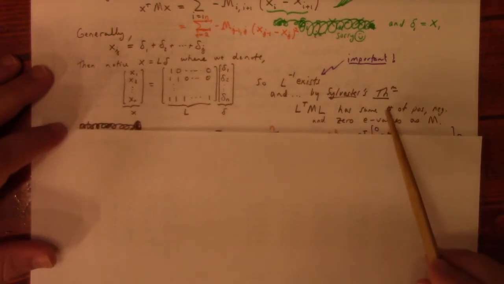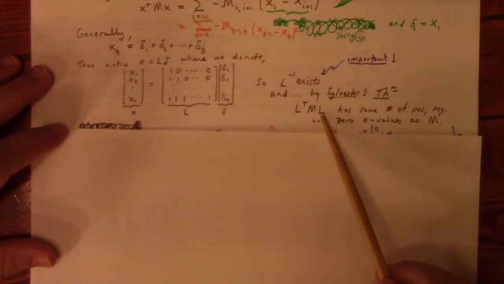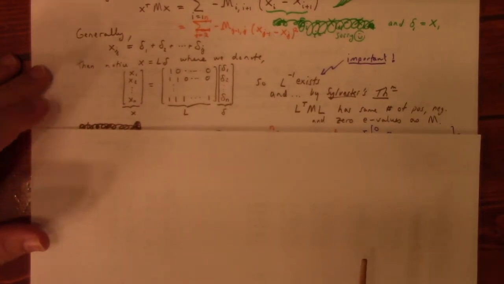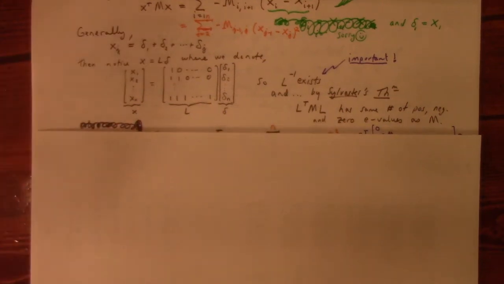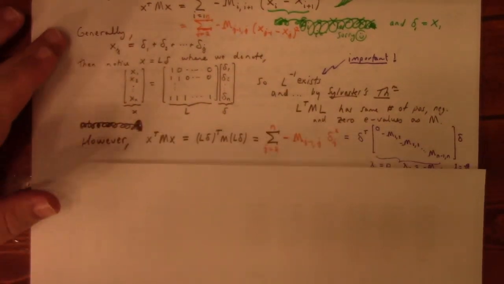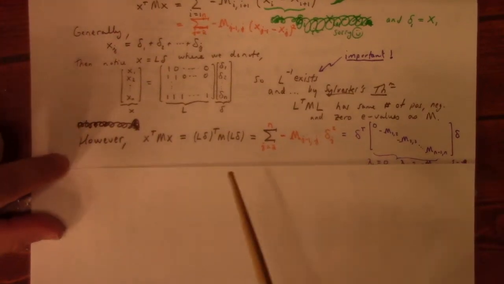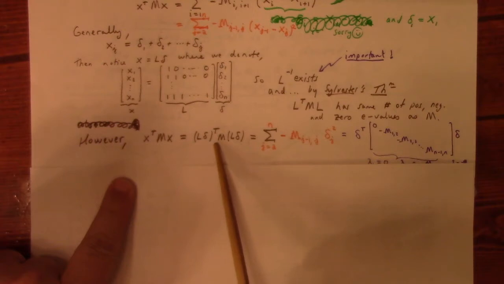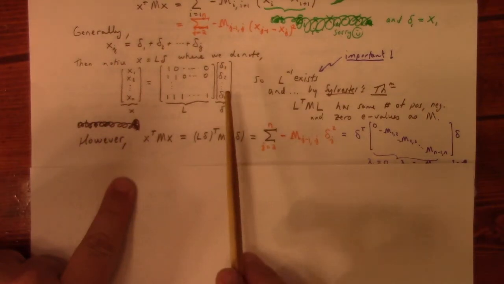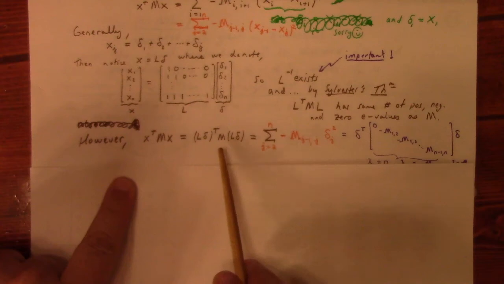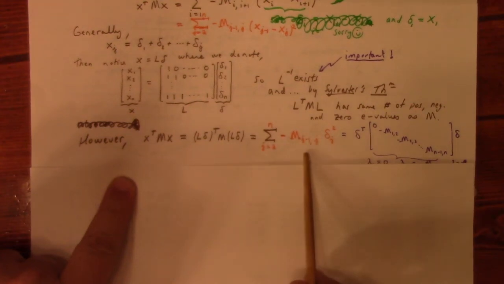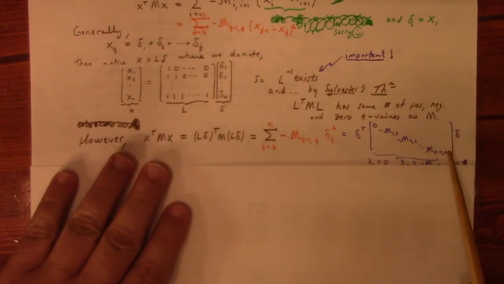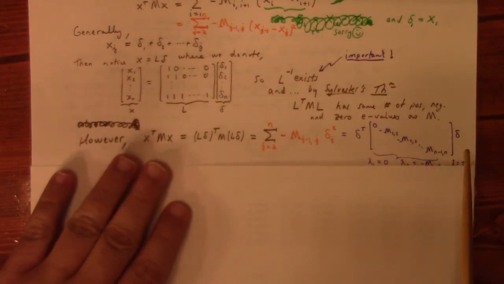So, by Sylvester's theorem, L transpose M L has the same number of positive, negative, and 0 eigenvalues as M. And we can also notice that x transpose M x is (L delta) transpose M (L delta), but explicitly this is given by that, which is delta transpose, the delta vector here, and then this is the matrix.